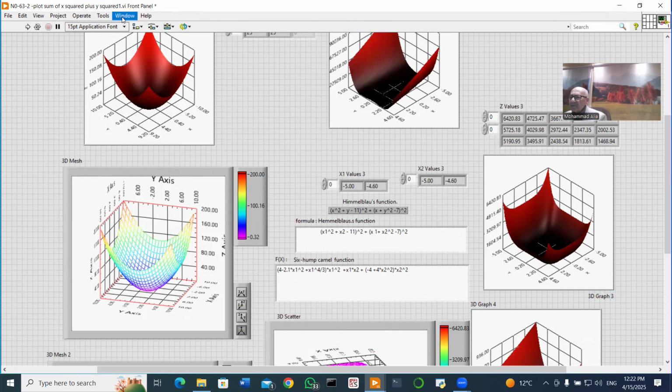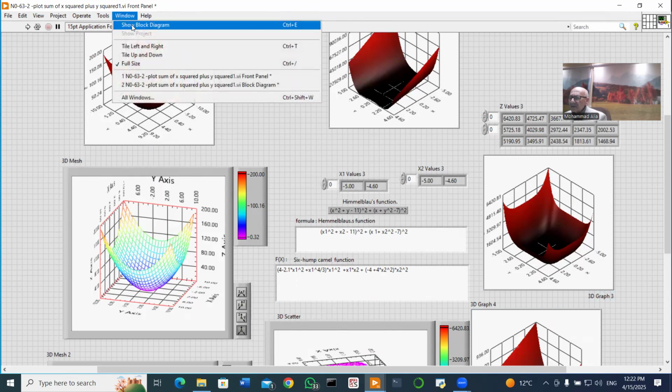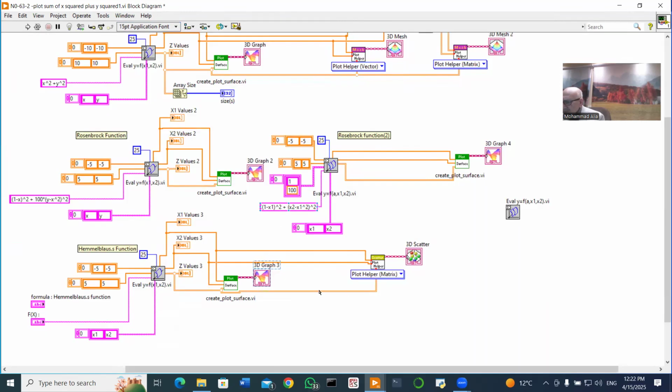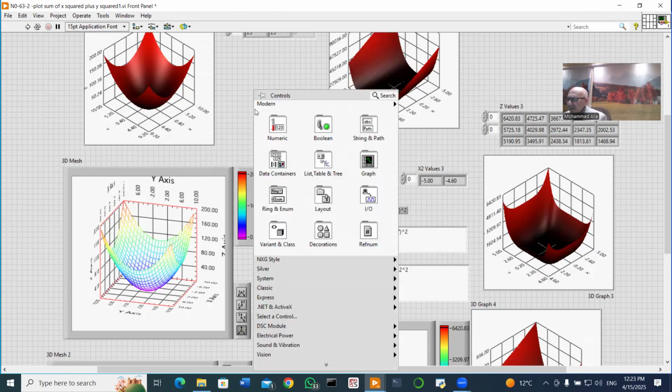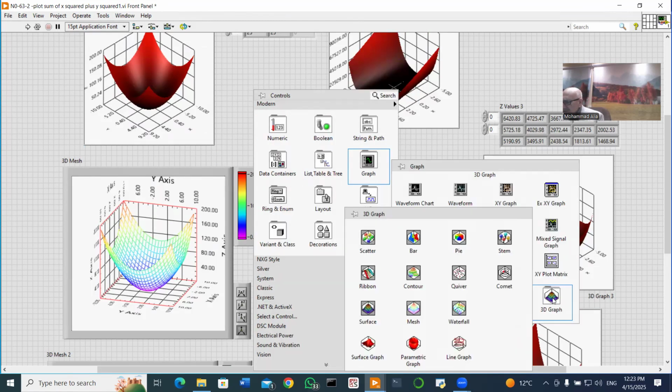What else do we have? Here I have used a three-dimensional scatter. I told you if you go to the front panel, to the graph, and to the three-dimensional graph, there is a scatter, a three-dimensional scatter plot. You can use it if you want and if it is necessary.